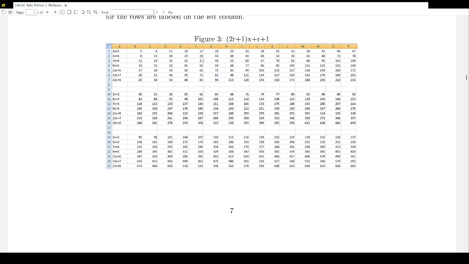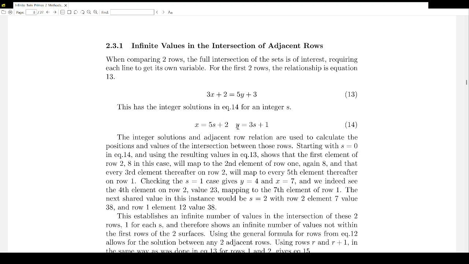We just want a formula that generates all those ones that meet both of those requirements, and that's what this s is. So this has integer solutions for s. If you allow x to be 5s plus 2 and y to be 3s plus 1, that will give you those values. So for example, when s is 1, the first one there would be 7.